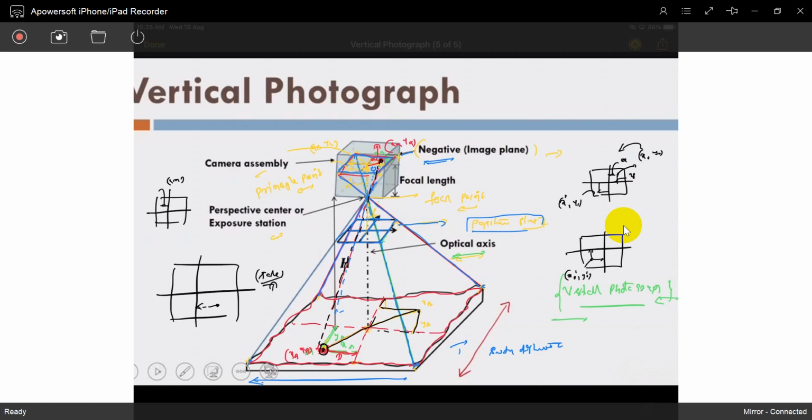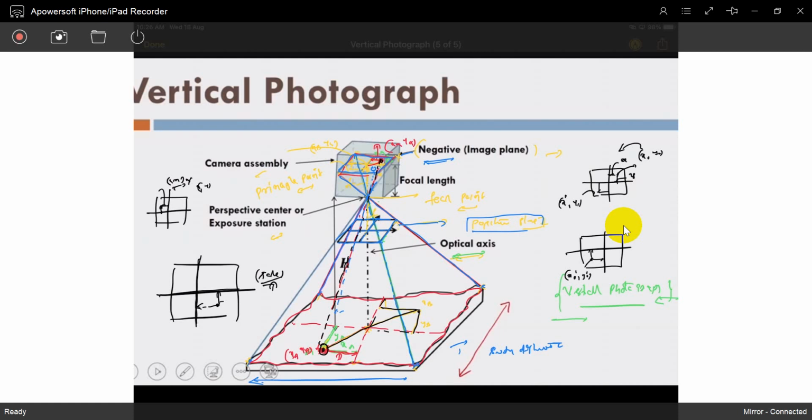If you know the scale, multiply 5 centimeters by that scale and you will get exactly how much distance it is on the ground from the axis. Likewise you will get the other axis. So you get the x and y, multiply with the scale, and you get the coordinates on the real ground.